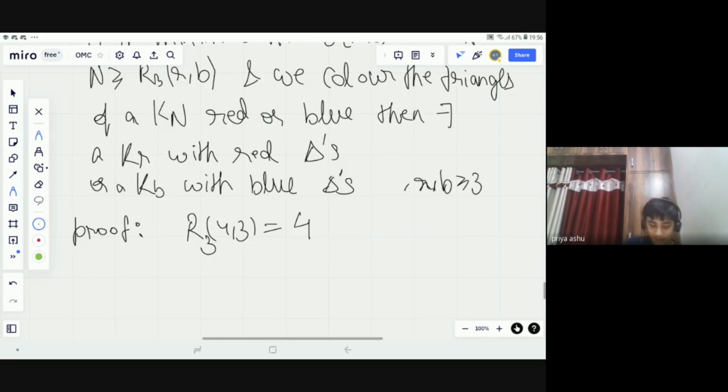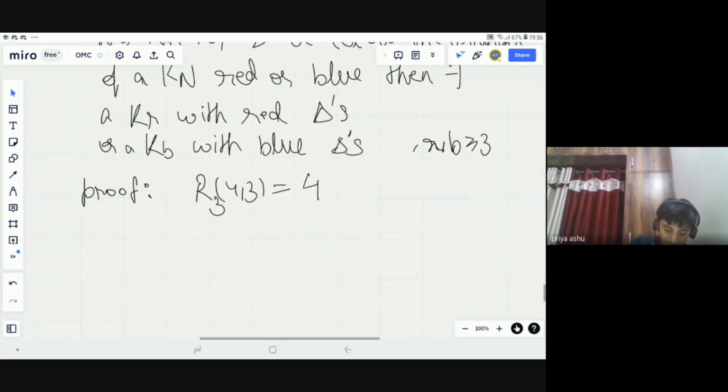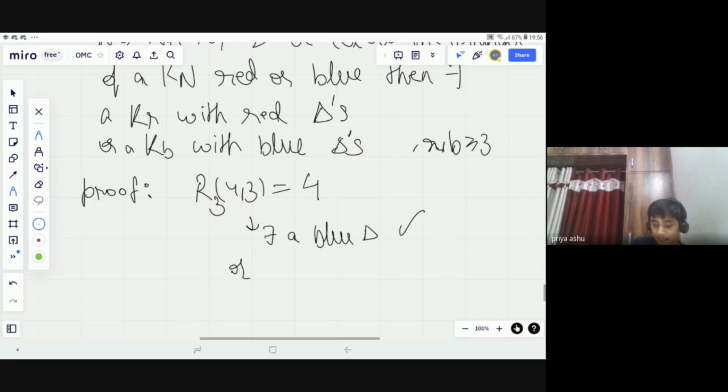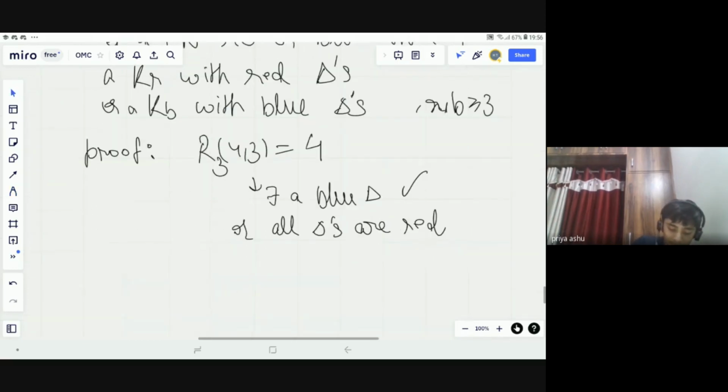Yes, perfect. So if it's 4, then either there exists a blue triangle, in which case we are done because a K3 is just a triangle, or all triangles are red. And if you have three vertices, you can just color the only triangle red. 1, 2, 3. We color the triangle 1, 2, 3 red.